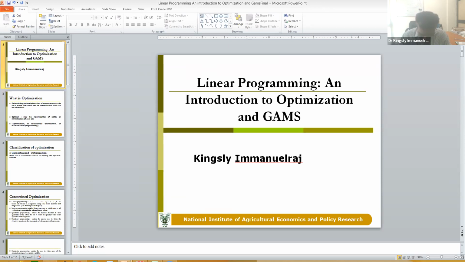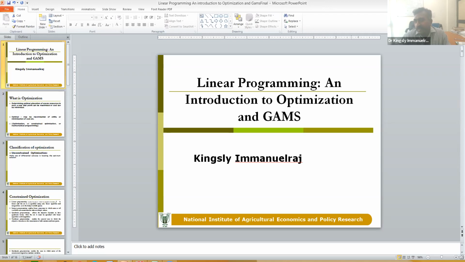But maybe that is not the right question. We have to ask what name it is being called nowadays. Because once it was called linear programming, now no longer is it called linear programming. It's called mathematical programming, or optimization.